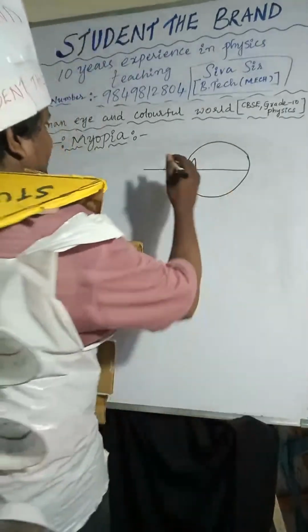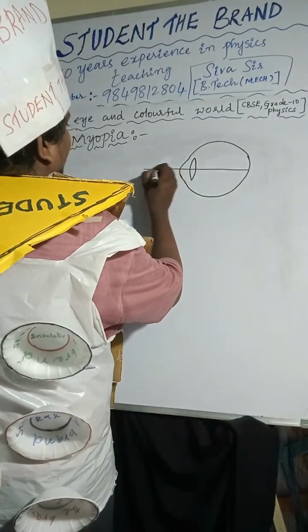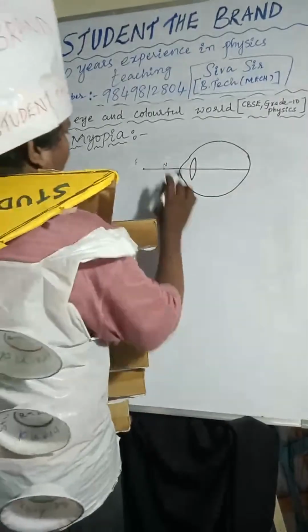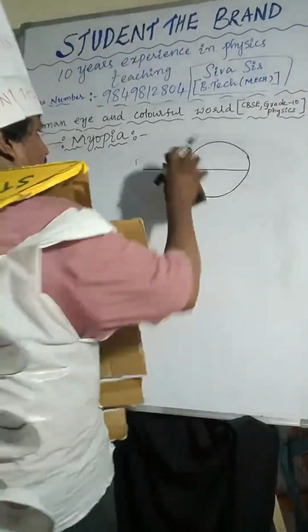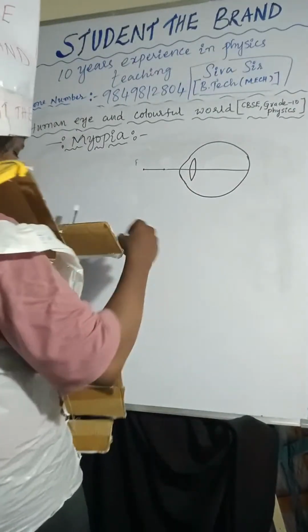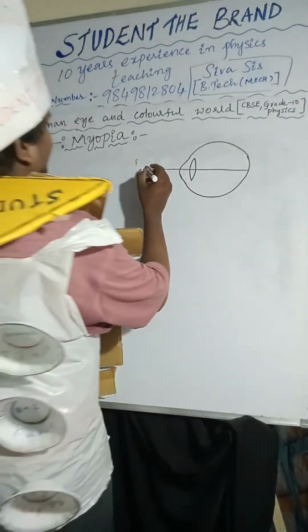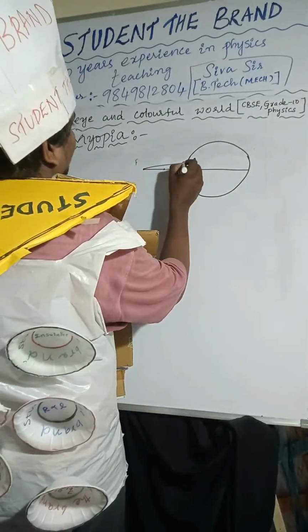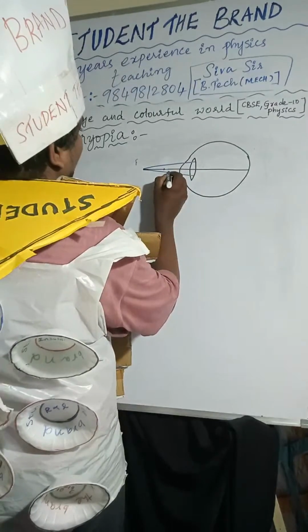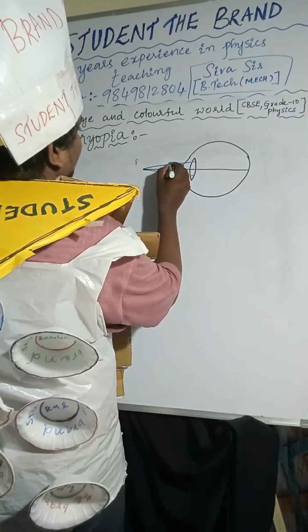I'm taking here near point and this is a far point, the far point of myopic eye. I'm taking the light rays from here.